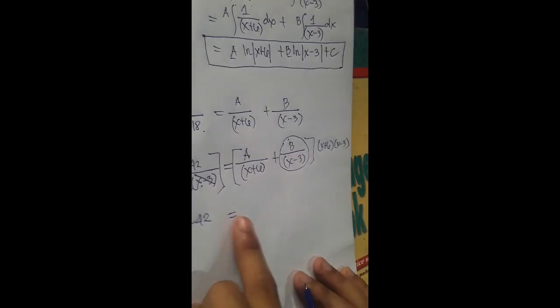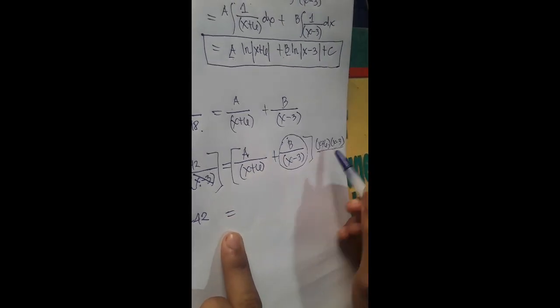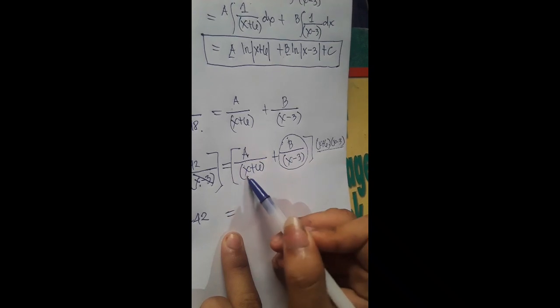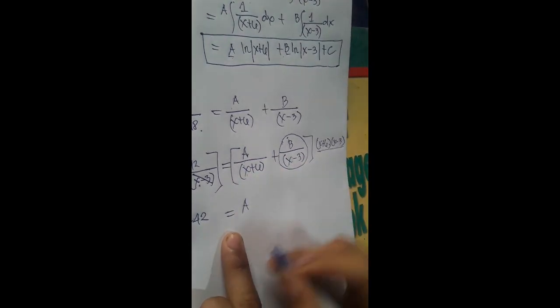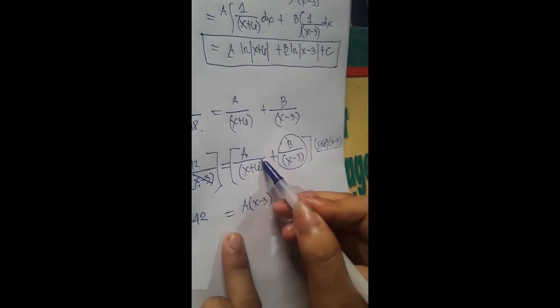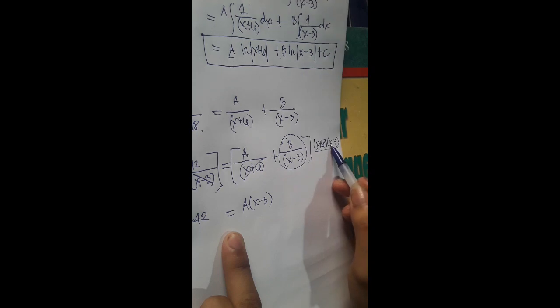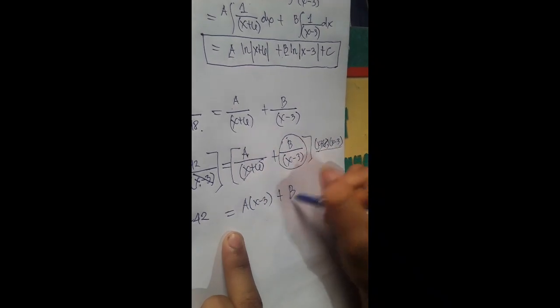On the right side, if we distribute this one, from a over x plus 6, this will become a times x minus 3, because this will be cancelled. The remaining value is x minus 3. So plus b.